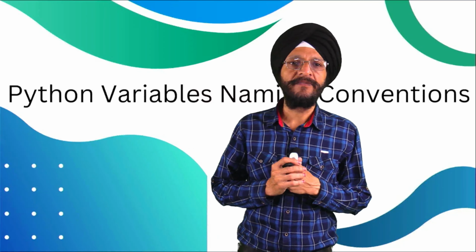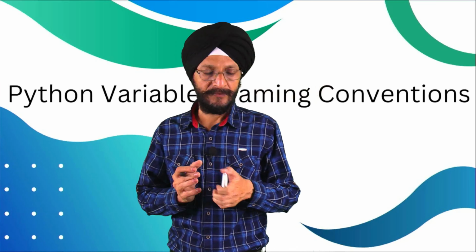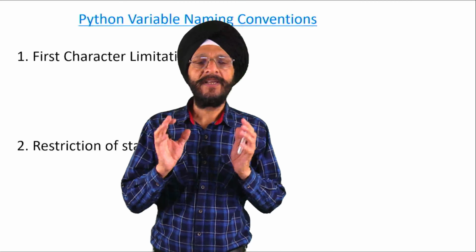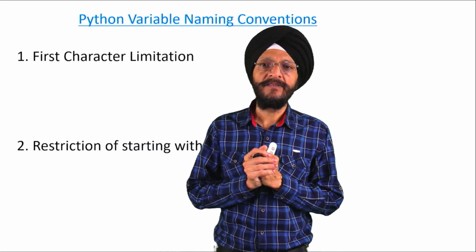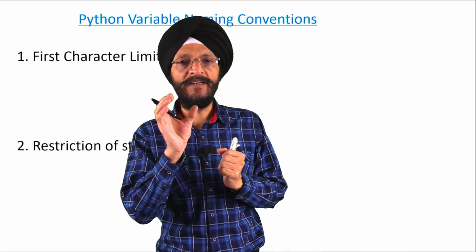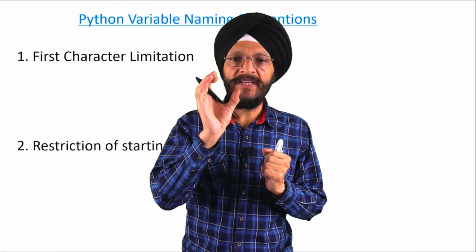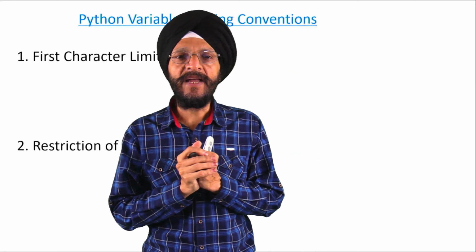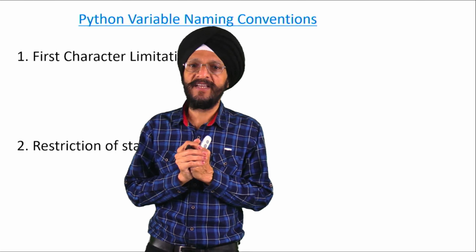Now the topic before us is Python variables naming convention. While naming the variables in Python, we have to follow certain conventions so that the name of the variable is clear and there is no syntax error.